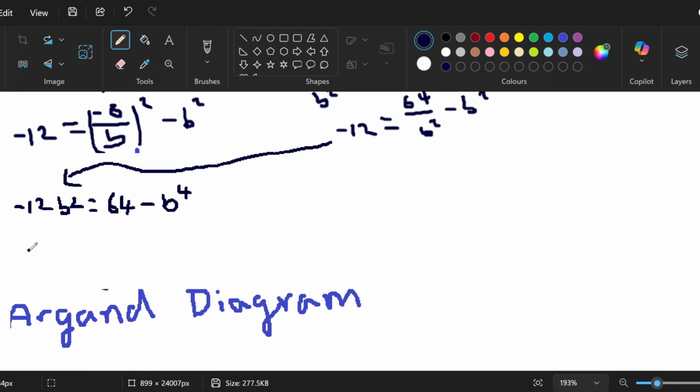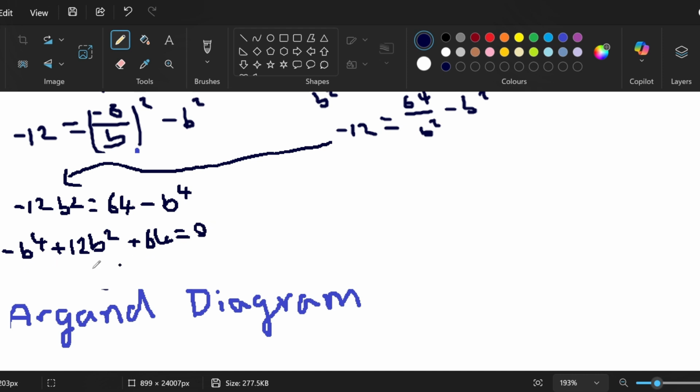And I can rearrange this again and get that minus b to the power of 4 plus, well, b squared plus 64 is equal to 0.